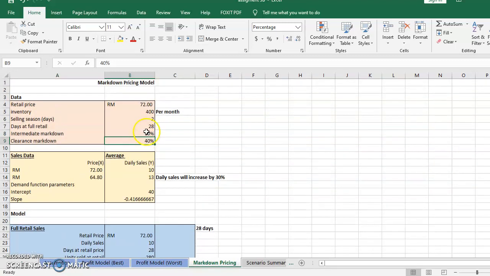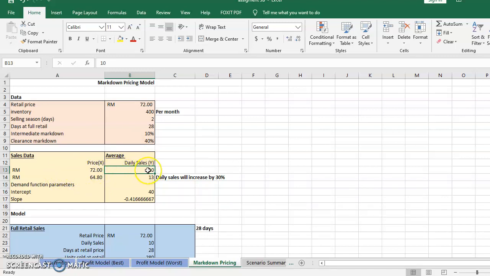My inventory is 400 per month. Therefore, in daily sales, my maximum units to be sold in a day is 13 units. This is my minimum sales if I sell at the full retail price.